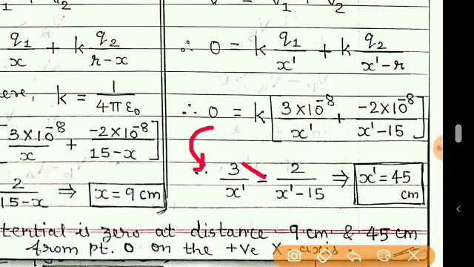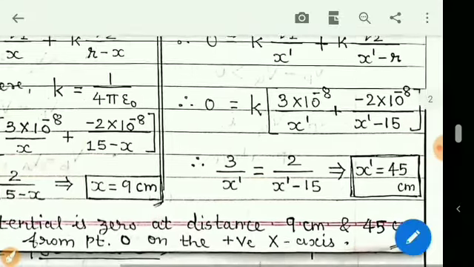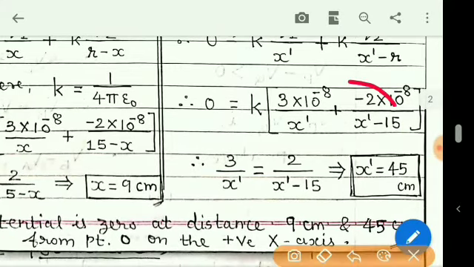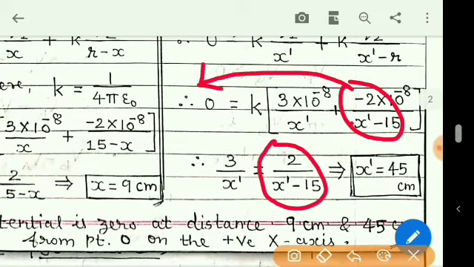Now again cross multiplication, 3 into X dash minus 15 is equal to 2 into X dash. Now here remember that this term was negative, this second term was negative. So when we'll bring that term on the left hand side, it will become positive, and that's why here this became positive.